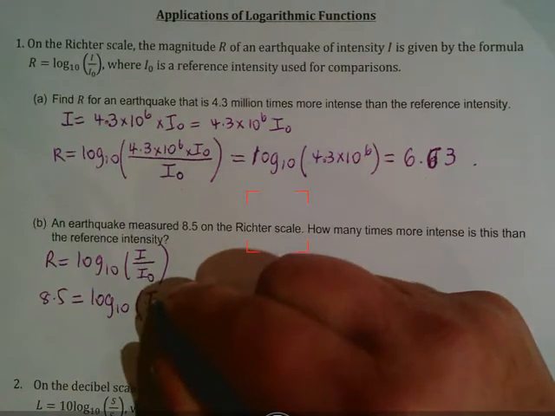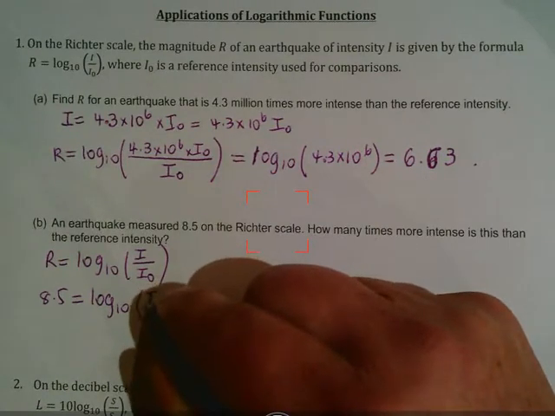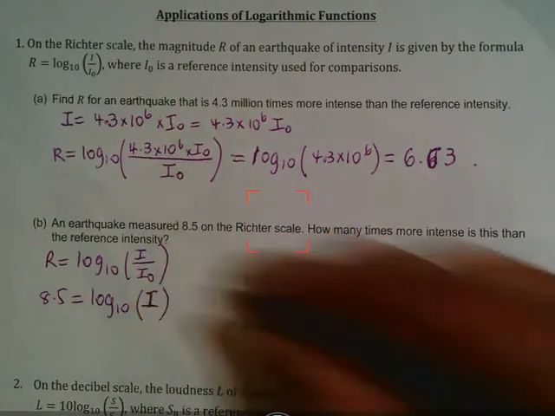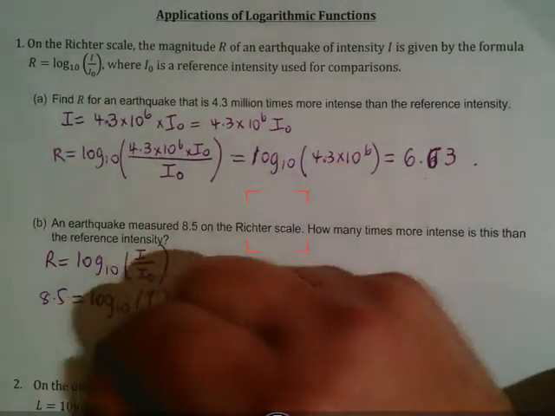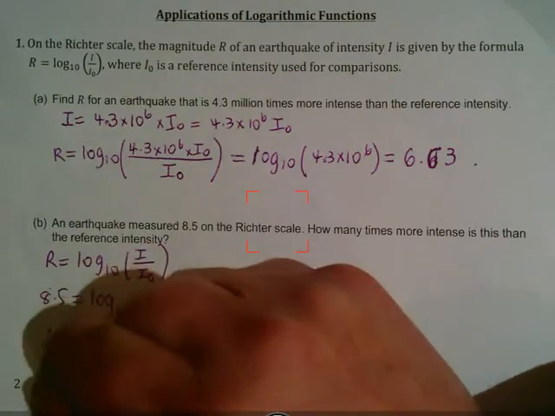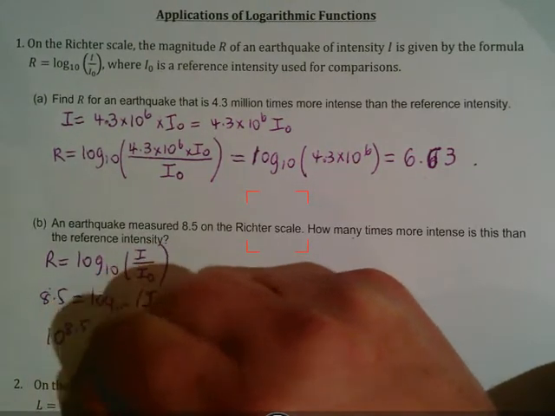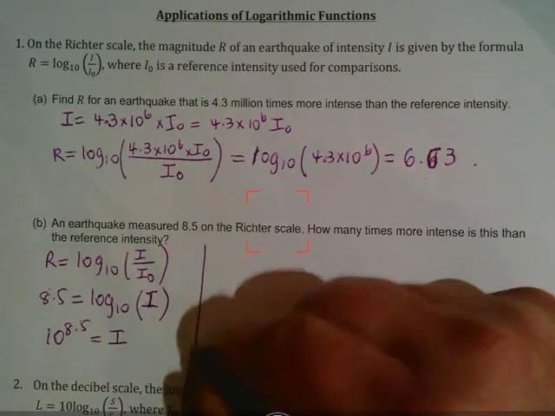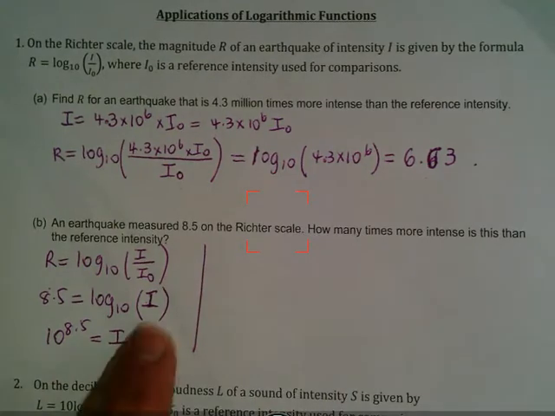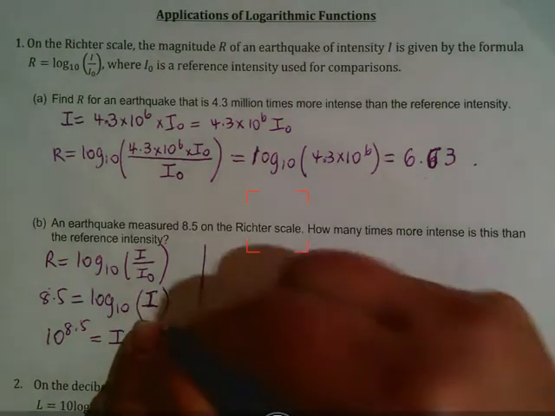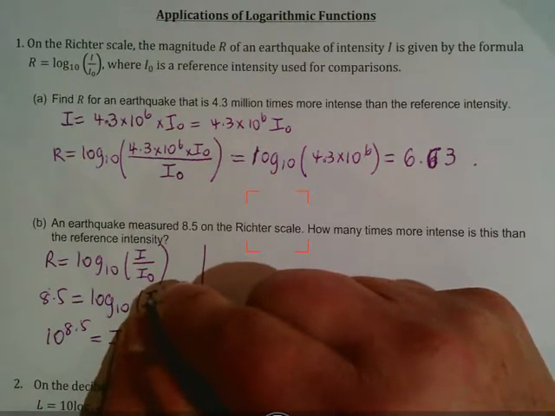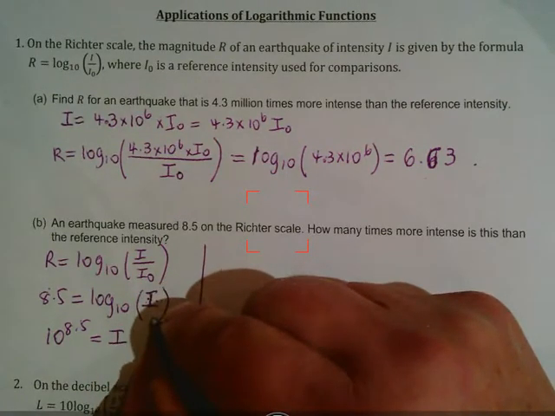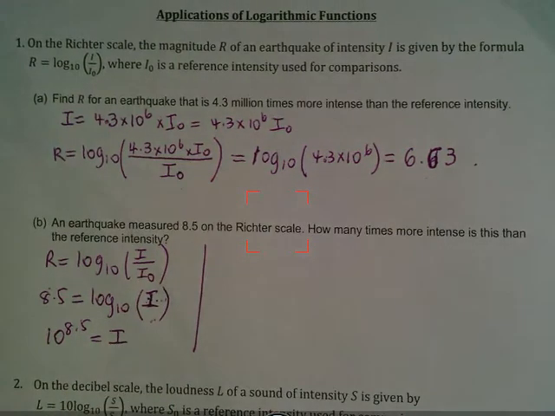So the I sub 0's will cancel. So I'm just going to put I there. And so remember, 10 to the power of 8.5 equals I, and that's how many times more intense it is, because I is a number times I sub 0 over I sub 0, and the I sub 0's cancel.